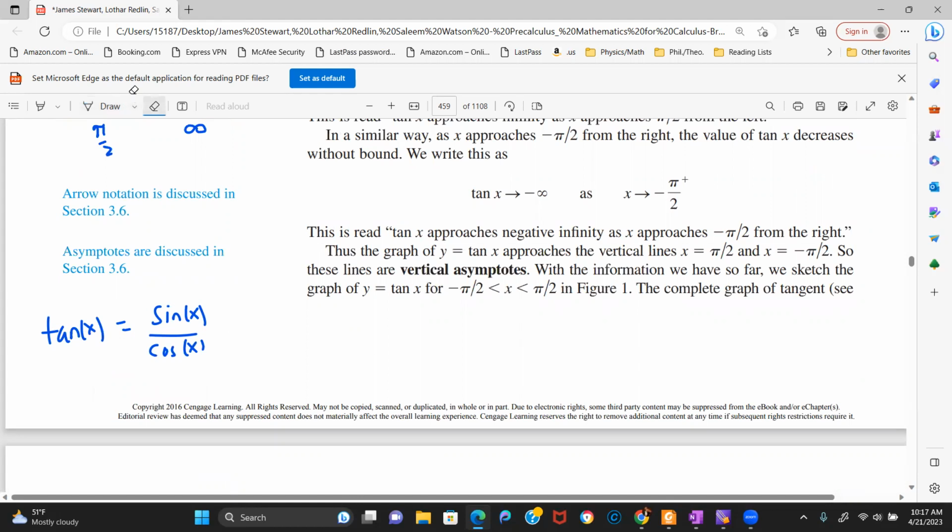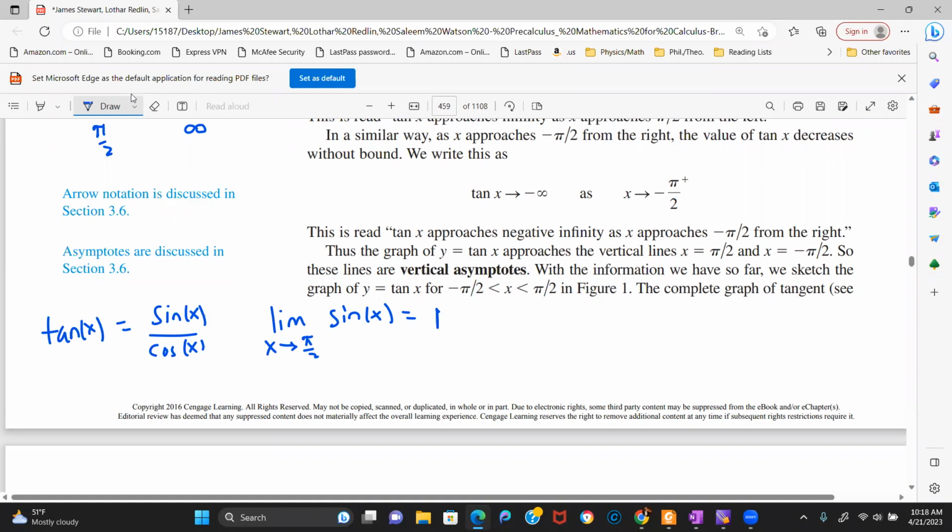For this, you need to remember how sine and cosine are defined. What is happening to sine as x approaches pi over 2? We know it's going to be 1, because we can just plug in pi over 2 to sine of x.